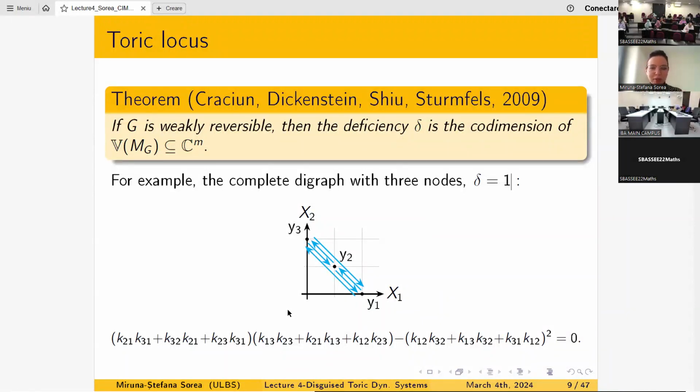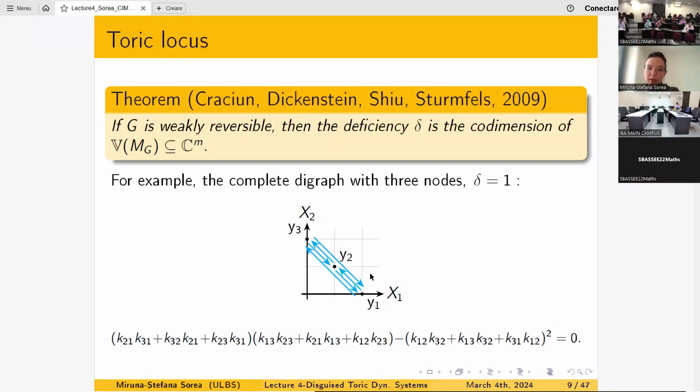And with this example, soon we will start looking at what we can do to improve the situation. Because for now what we know, using all this theory by Crăciun, Dicăstănescu, and Sturmfels, is that if the parameters of your network, so the Kij's that decorate the edges in the mass action system, lie on the hypersurface, we have complex balancing.